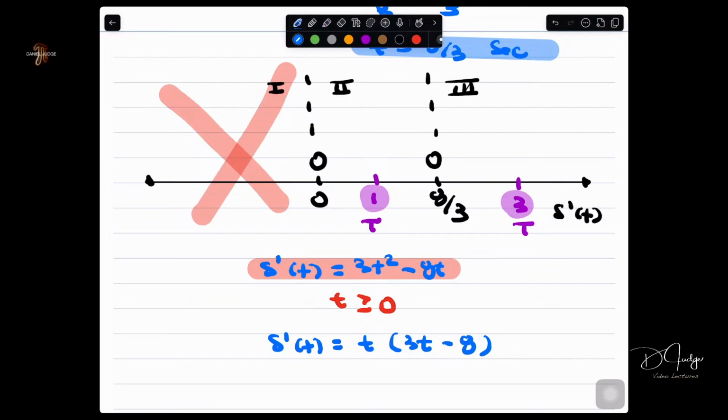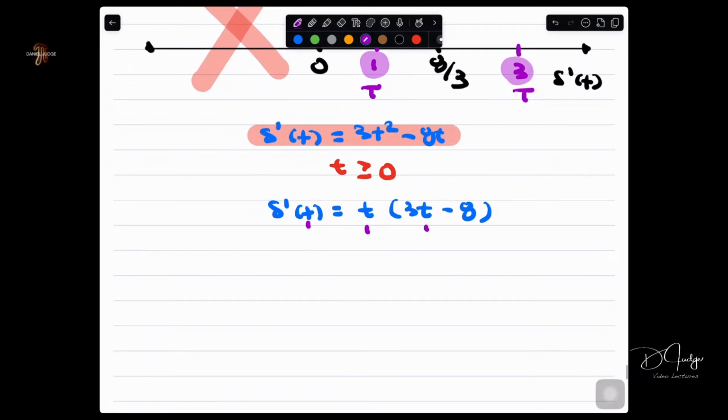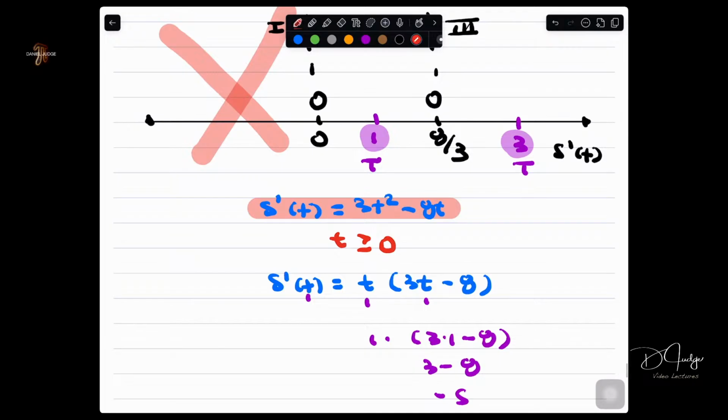We're going to test the sign of the region by plugging in 1, which gives us 3 times 1, which is 3, minus 8. This is just 3 minus 8, and that's going to be negative 5. Now, we only care about the sign here, so region 2 is negative.